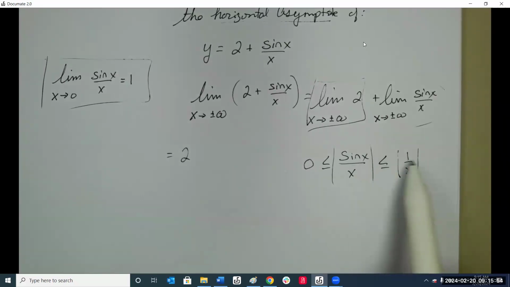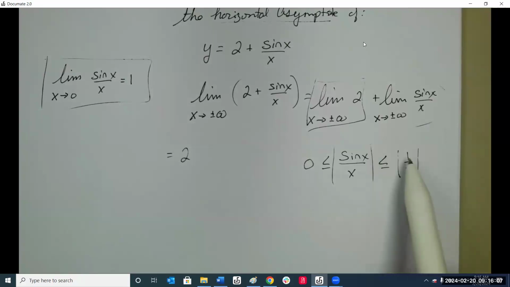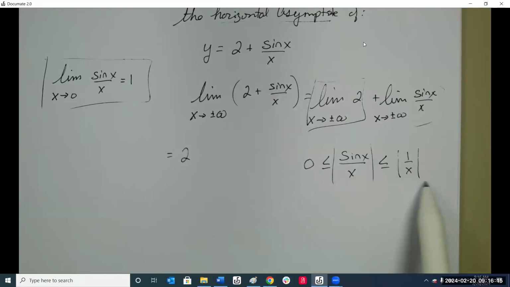Is this a true statement? Because you divided by x, so that's good. So compare the top. What's the largest sine x can be? 1. That's the largest it can be. It can be equal to it. Anything else other than that, it's less than. It goes down through 0 to negative 1. So this is a true statement.